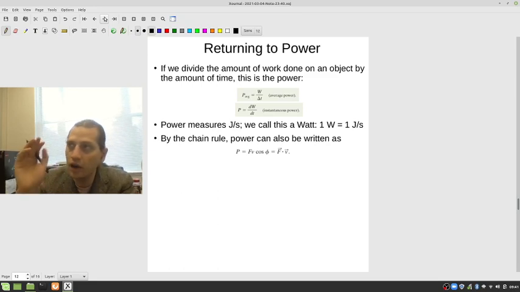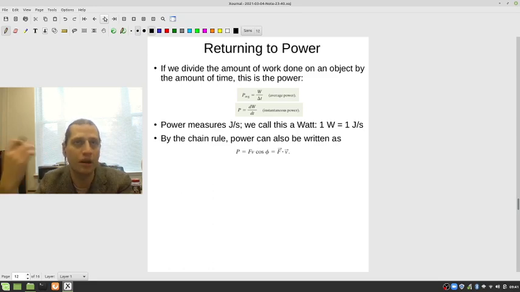Okay, I just want to touch briefly on power again. Yesterday we talked about how power is the amount of energy that is leaving a system or coming into it per unit time.